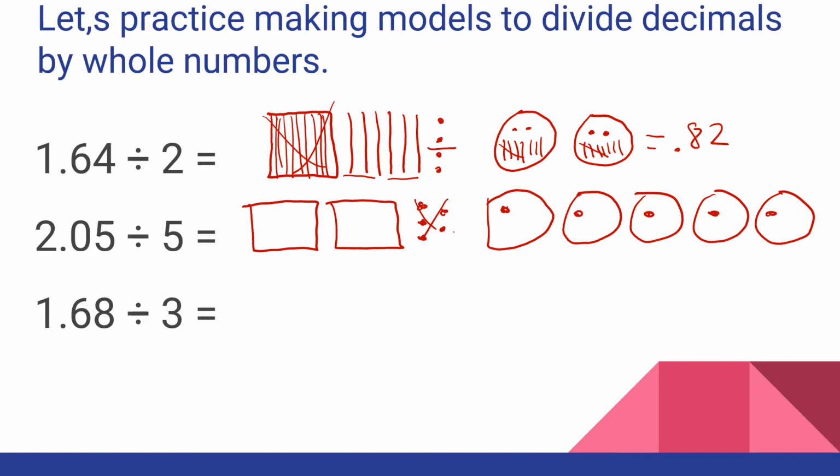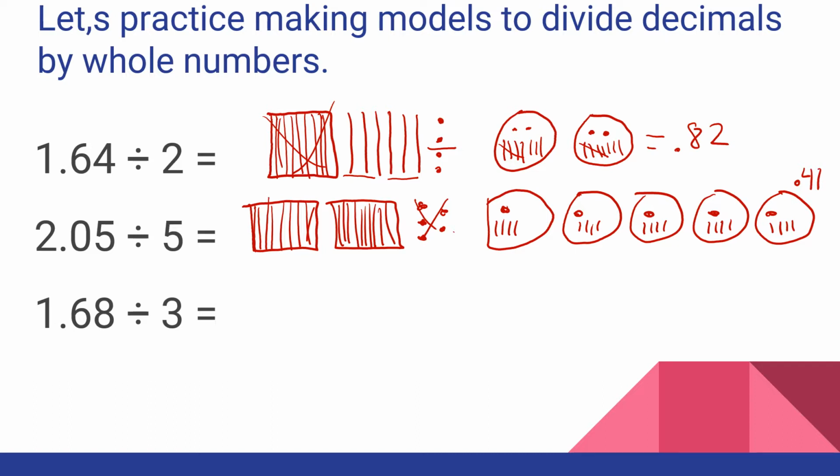I break this whole into 10 tenths. That means 1, 2, 3, 4, 5, 6, 7, 8, 9, 10. Do the same thing with this whole. 1, 2, 3, 4, 5, 6, 7, 8, 9, 10. That means each one gets 2, 6, 7, 8, 9, 10. So I have a total of 41 hundredths in each group.